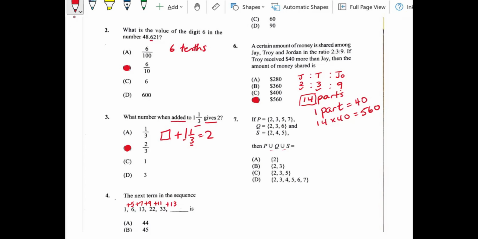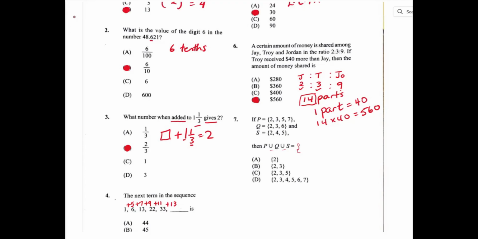So it is definitely 2, definitely 3, there's a 4, there's a 5, there is a 6, and there is a 7 in P, Q, and S, right? So our answer here would be D.